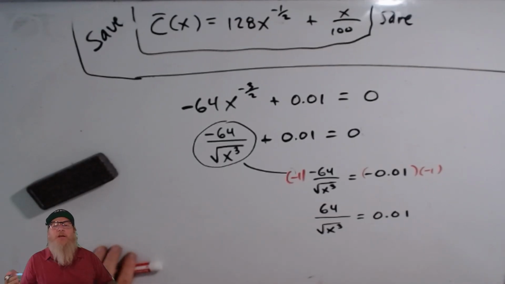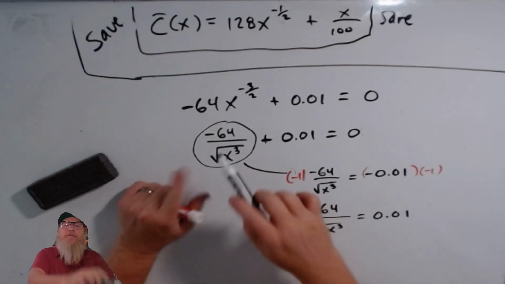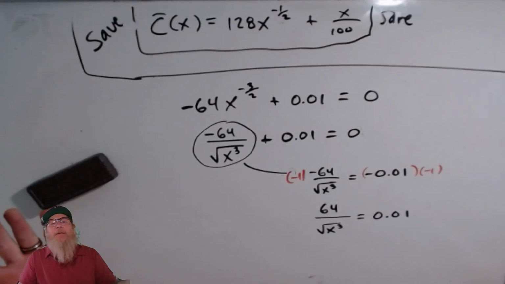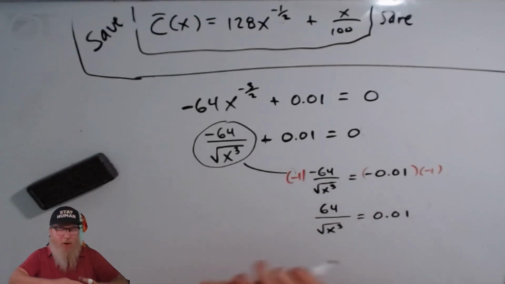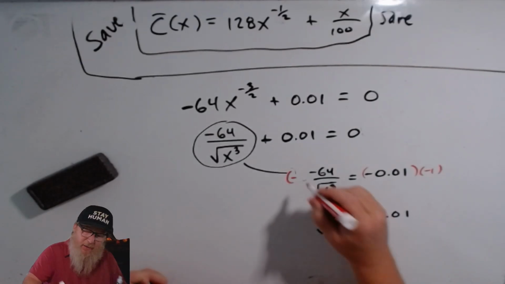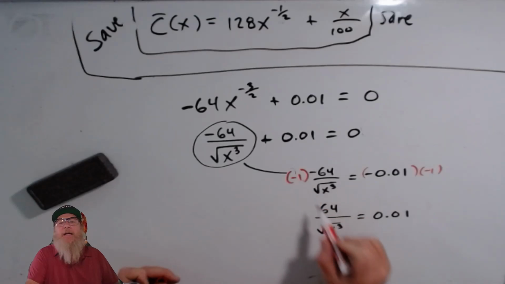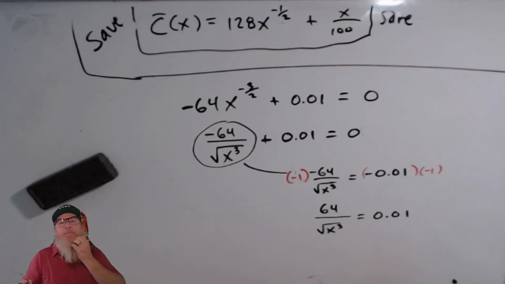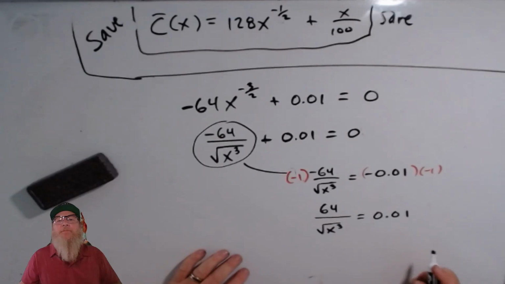I hope intuitively that makes sense, because if this equals negative 1 cent, then negative 1 cent plus 1 cent would equal 0. By multiplying both sides by negative 1, now you have a much easier problem to solve, which is the positive version of the same equation.